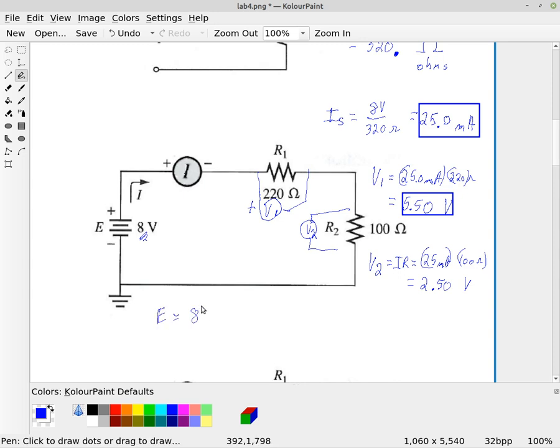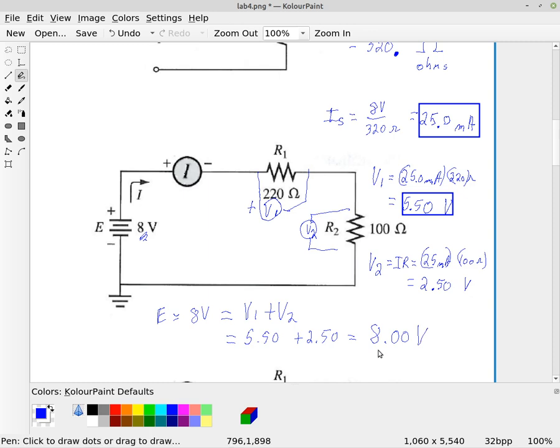Now if you look at this, our supply voltage E is 8 volts. And the voltage drops V1 and V2 are 5.50 plus 2.50, which is equal to 8.00 volts.